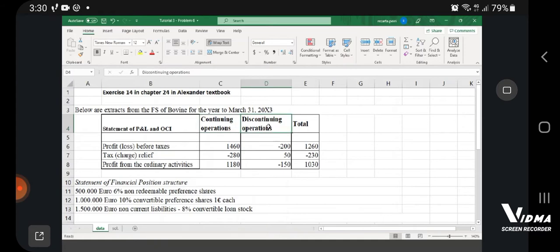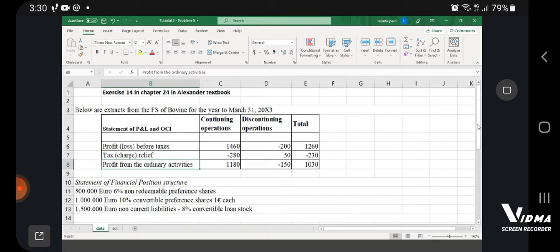For both these kinds of activities, we have profit before taxes, we have the tax expenses or the tax relief if it is an income, in the case that the government may reimburse or refund these expenses, and in this case it is considered a tax relief, not a tax charge. It's not an expense for the company. It's a refund they are getting back from the government. It's a reimbursement. That is a relief. And then we have profit from the ordinary activities over here.